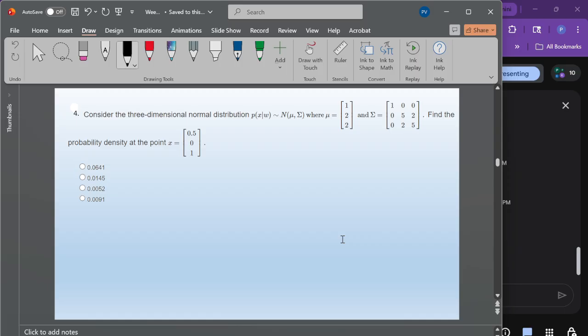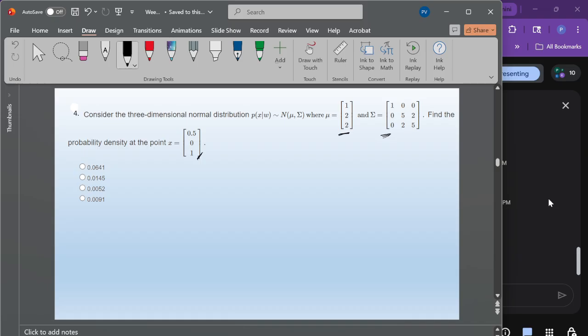So our next question is, consider the three-dimensional normal distribution, where mu, the mean vector, is given and the covariance matrix is also given. Now they are asking to find the probability density at the point x, where the x vector is given as 0.5, 0 and 1. So the distribution given is a normal distribution.